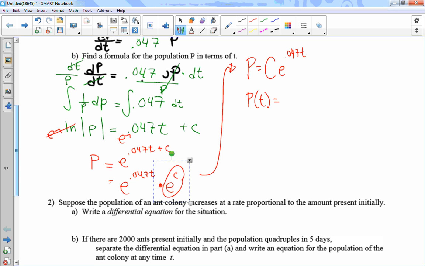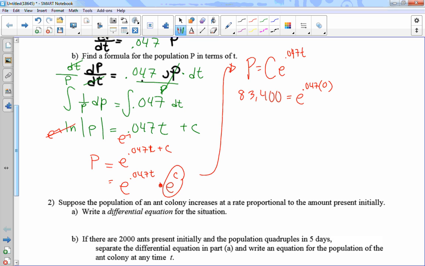So it says the current population is P of 0 is 83,400. So its current population is saying the initial population, when it says time t equals 0. The current population would be the population over time, because it's probably been growing for a while. Equals C e to the 0.047, and t was 0.